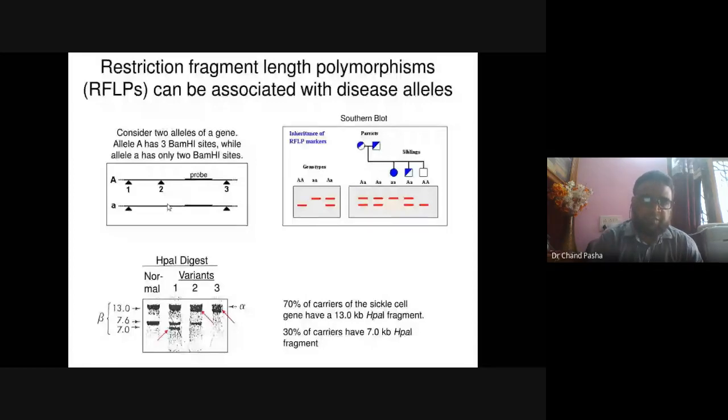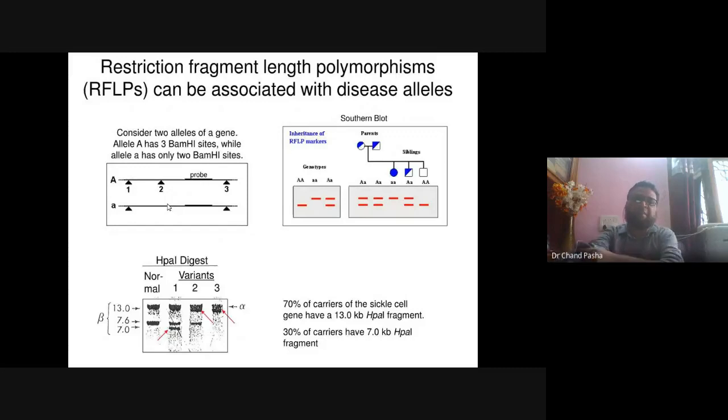So even if one base gets changed, it will not cut there. Even one base change means there are variations in that particular site.